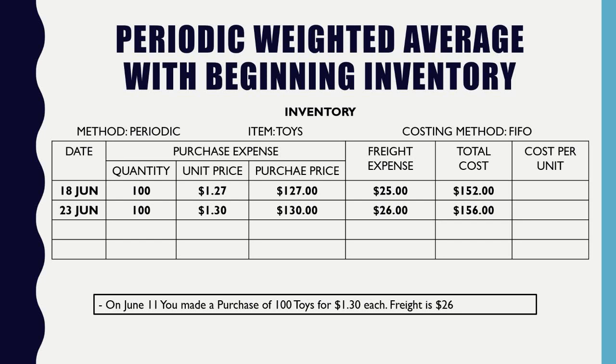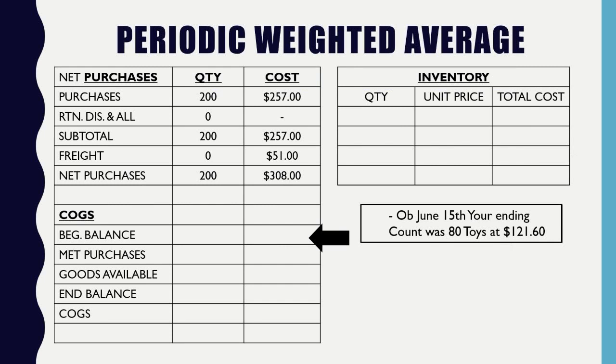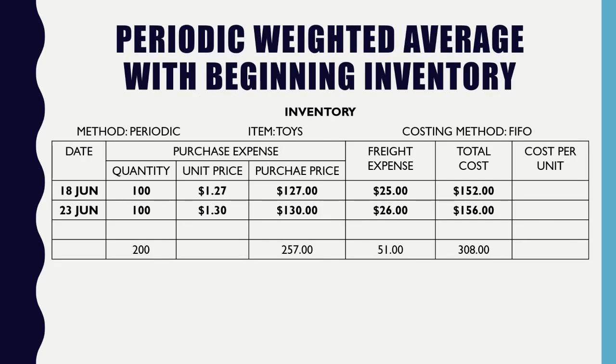So once again, since we reached the end of the year accounting, we're going to tally up our totals. Here, the total is 200 units at 257 with a freight of 51, giving us a grand total of 308. I can't solve for my average cost per item here either because I have beginning inventory.